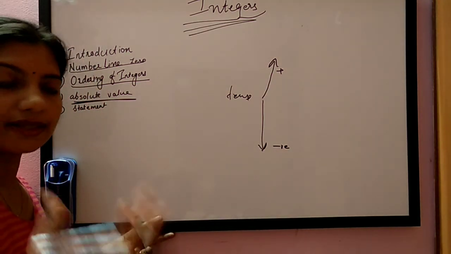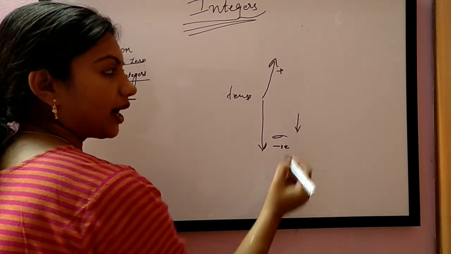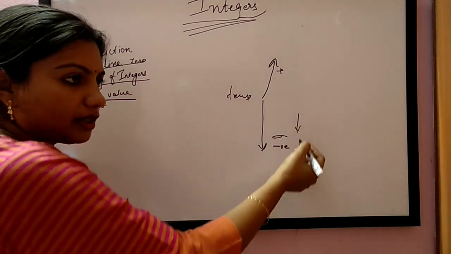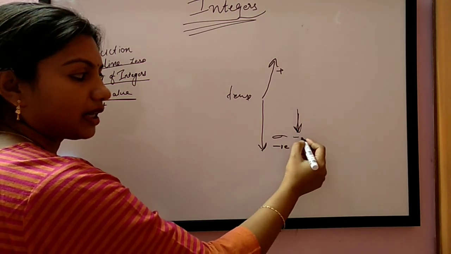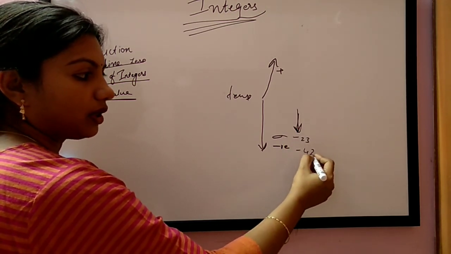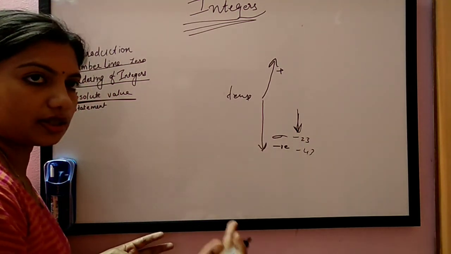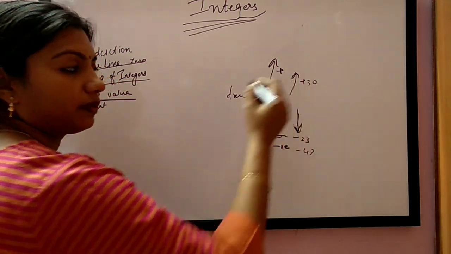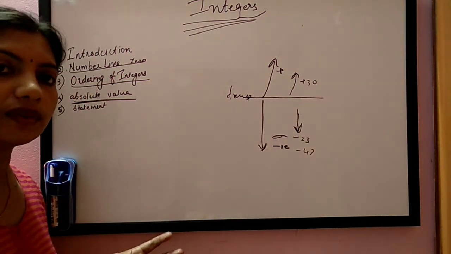Think about ice. If you go to Atlanta or somewhere else, the temperature is coming down. So they always talk about the temperature being -23, -43, something like that. When the temperature increases in our area, we talk about it as positive. So that's how we derive the statement.